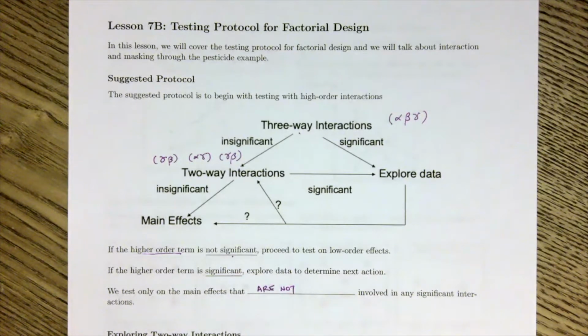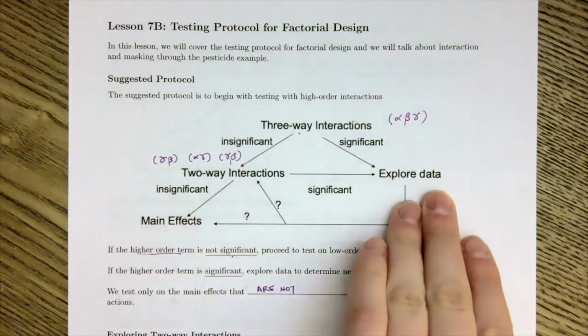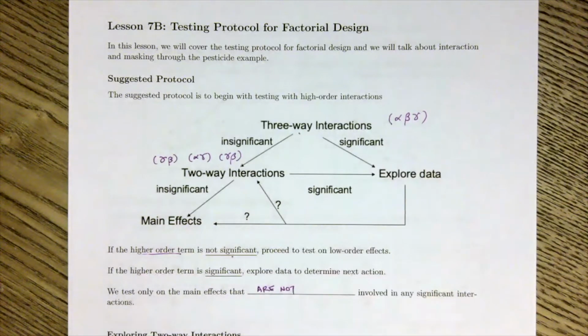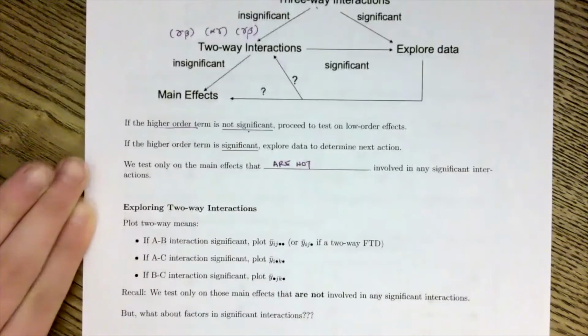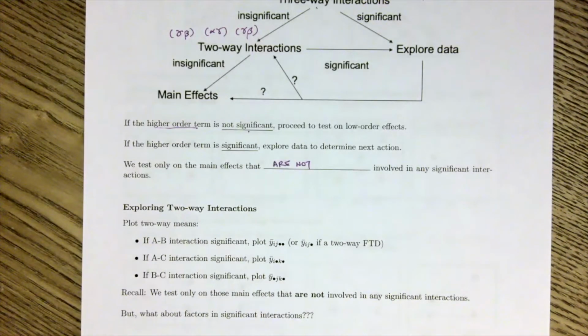So let's talk about how we can do our exploratory analysis. A lot of this lesson is going to be focused on exploring the data through our two-way interactions. How do we look through our two-way interactions? It's similar to the RCBD where we started to look at block treatment interactions, but now what we're going to be looking at is treatment interactions.